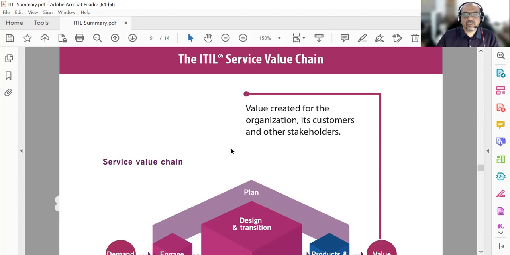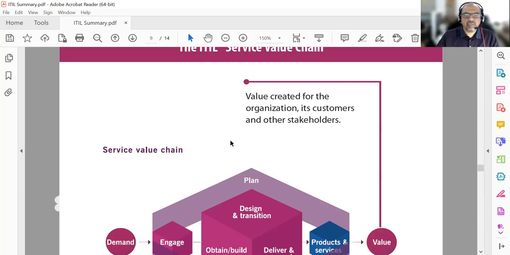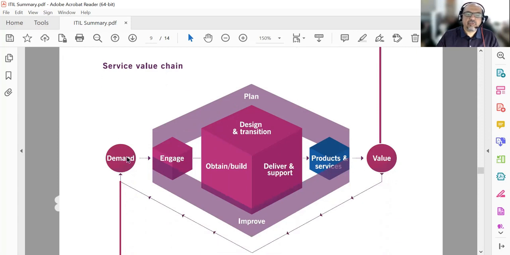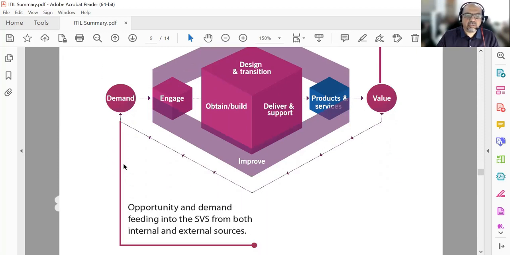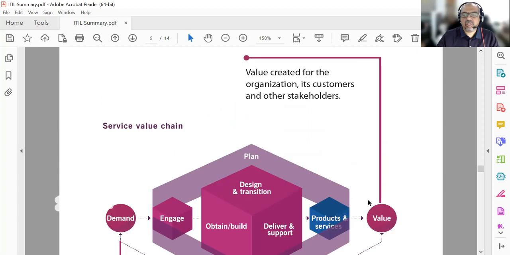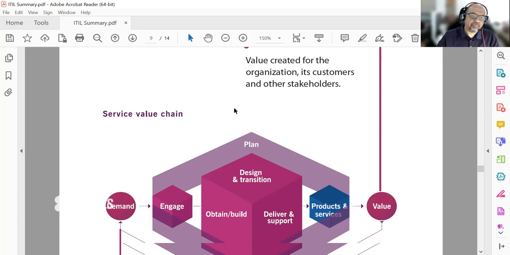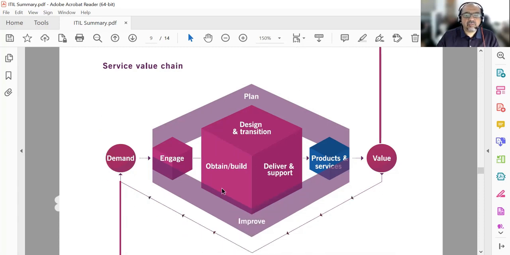And in the service value chain, we have 6 activities. Of course, on the left hand, we have the opportunity and demand feeding into the SVS from both internal and external sources. On the other hand, we have the value created for the organization, its customers, and the other stakeholders.